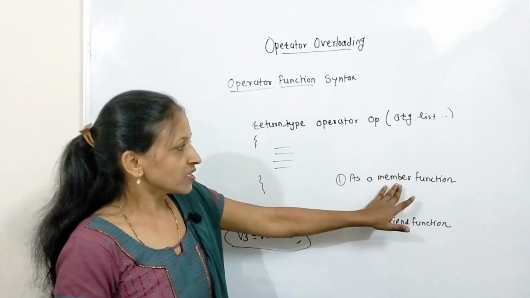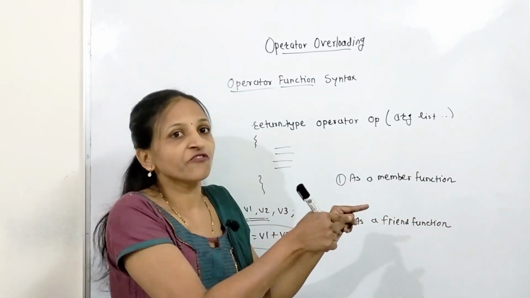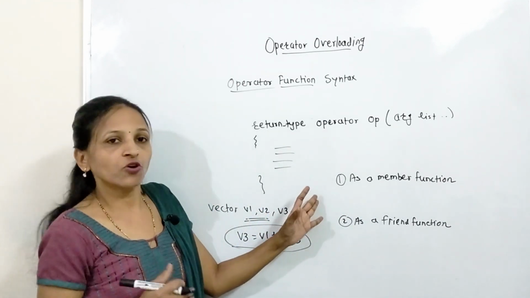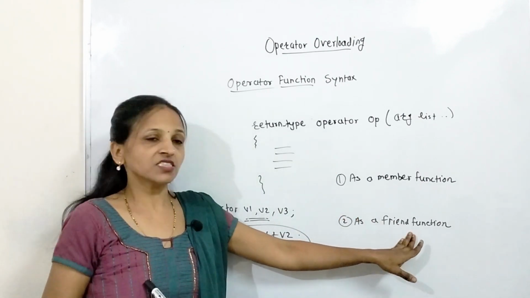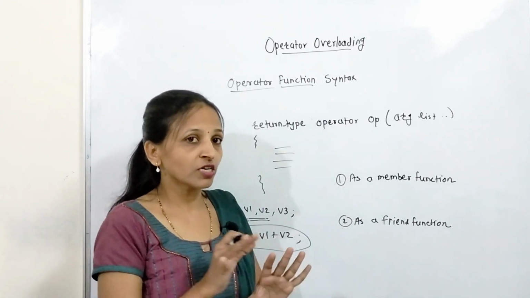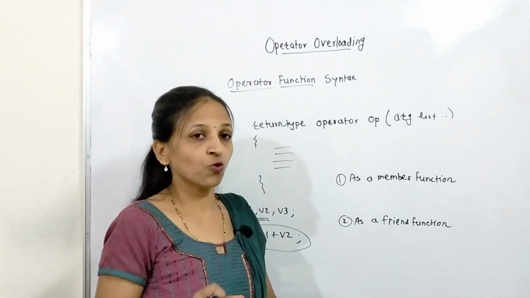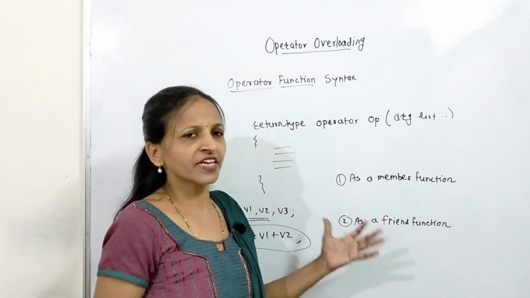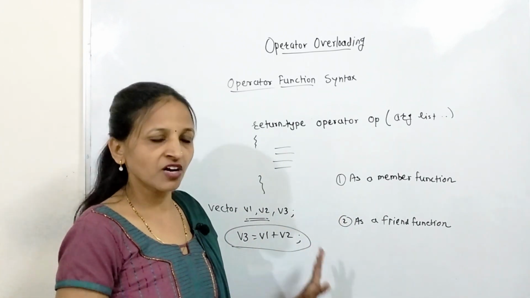If you are writing that operator function as a member function of a class, then it is a member of your class. Means inside that class only you have to define or declare that as a member function. Or if you are defining that operator function as a friend function, then that is not a part of that class. It is just like a normal function. Only that function we will declare as a friend of that class. That's why we can access private data of that class inside that operator function.